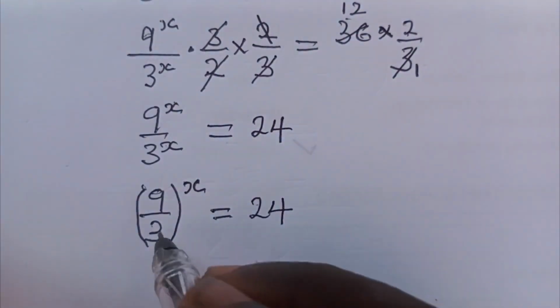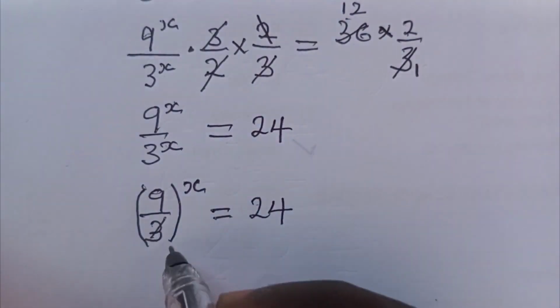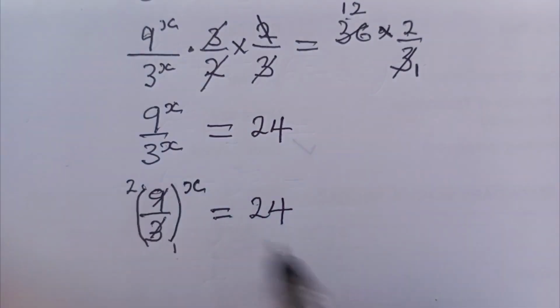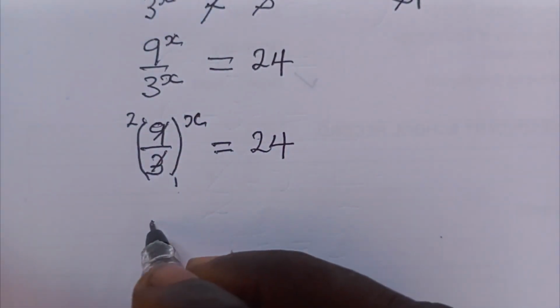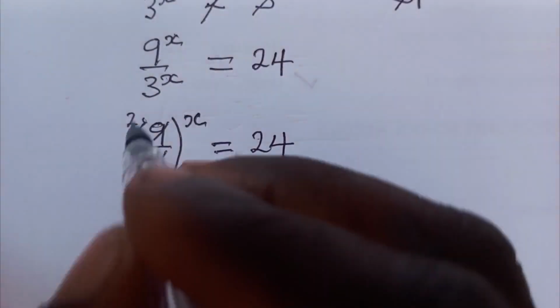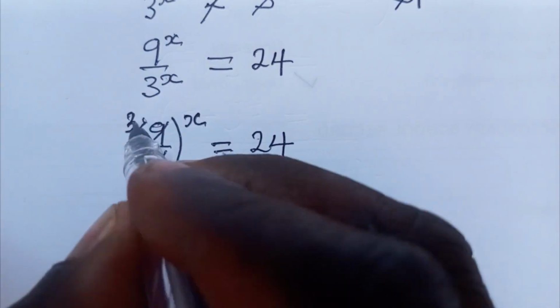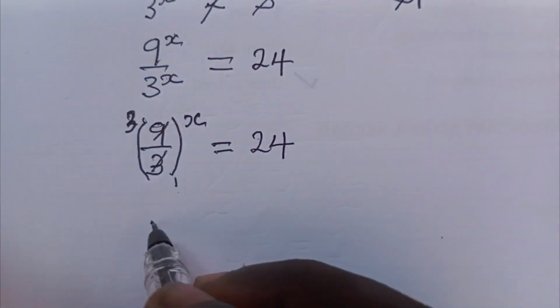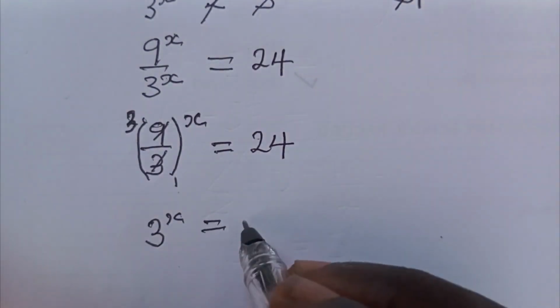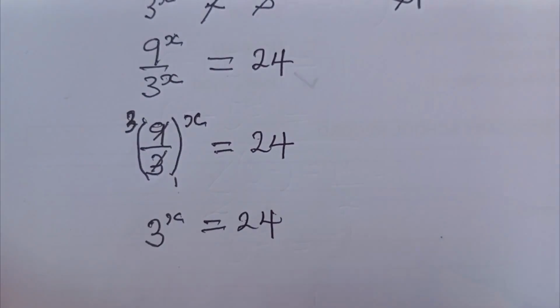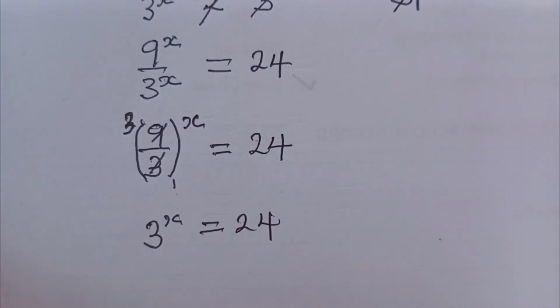We divide 9 by 3, which is 3. So we have 3^x equals 24. So we cannot use indices to solve this question.